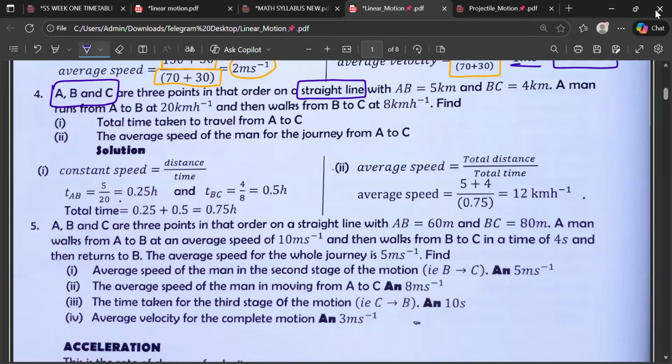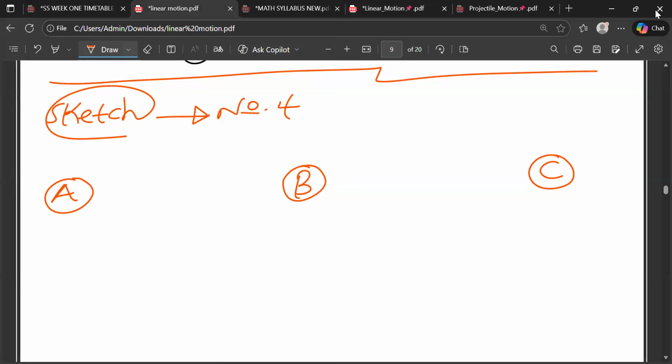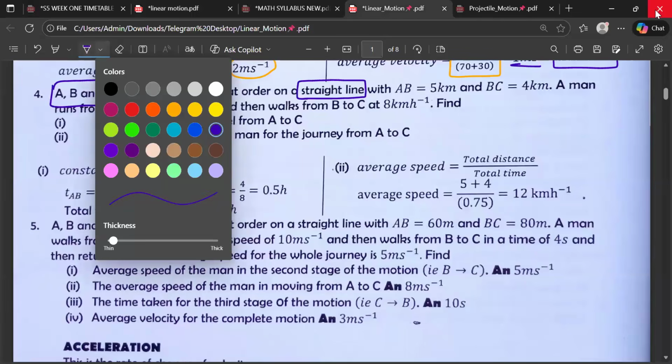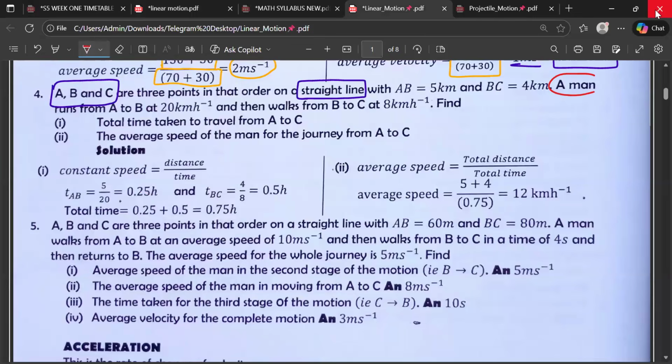They are saying AB is 5 kilometers, BC is 4 kilometers. Hope you're following. They are saying that a man runs from A to B at 20 kilometers per hour.